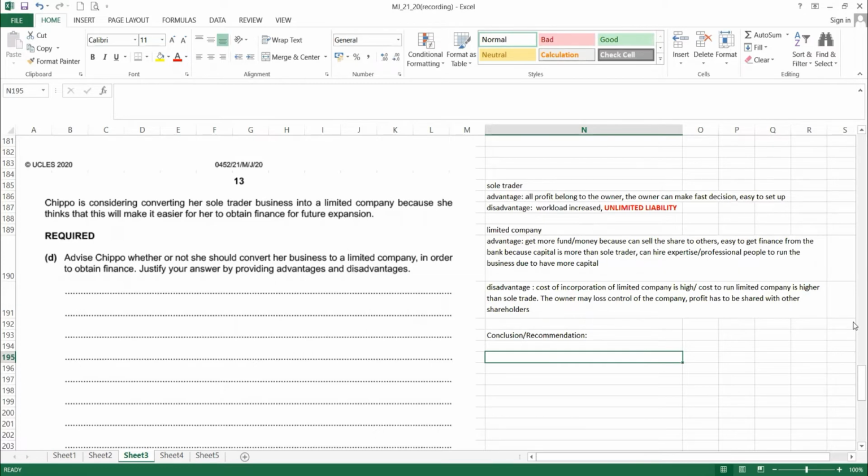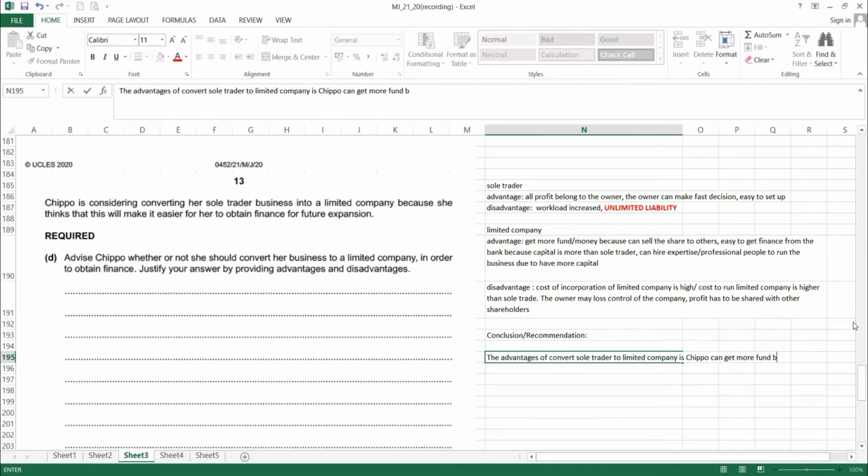So whether she should, okay, you can say that the advantage of converting the sole trader to a limited company is Chipo can get more funds due to the shares can be sold to others. That is the first sentence, the advantage that we make.